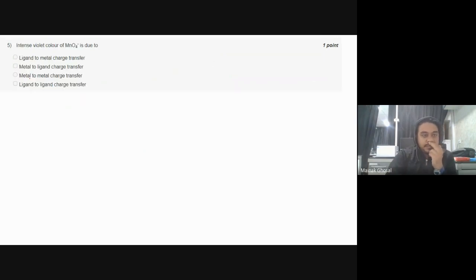Next question. So the intense violet color of MnO4 minus is due to which one? I have discussed that in MnO4 minus, Mn is in the +7 oxidation state. Okay, a d0 system. So it has a deficiency of electrons.